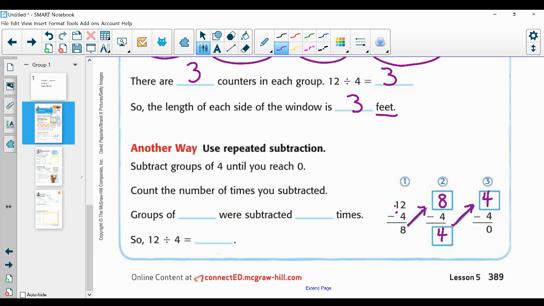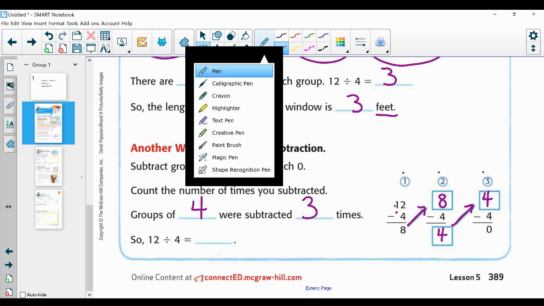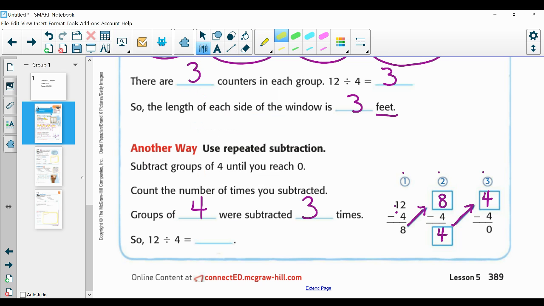Okay, now I'm going to count how many times I subtracted. 1, 2, 3 times I subtracted. So groups of 4 were subtracted 3 times. The reason why I wrote 4 here is because I subtracted 4 every time. That's groups of 4, and I did that 3 times.